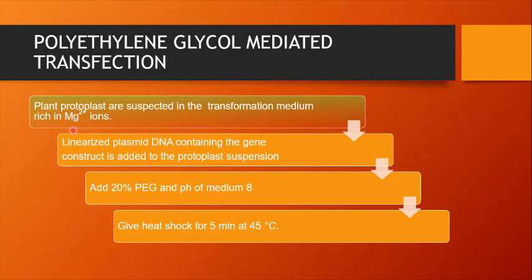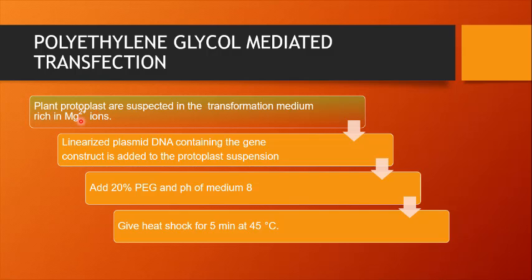So these are the steps. First, the plant protoplasts are suspended in the transformation medium rich in magnesium. This is the divalent cation, magnesium 2+. So the polyethylene glycol along with the magnesium ions are suspended, and then linearized plasmid DNA containing the gene construct is added to the protoplast suspension.